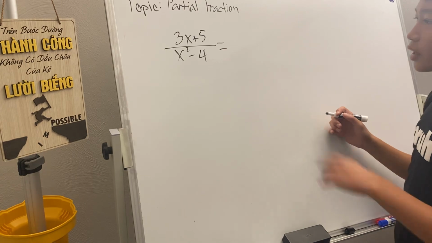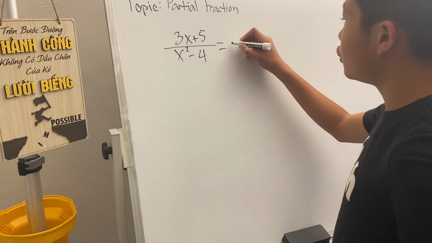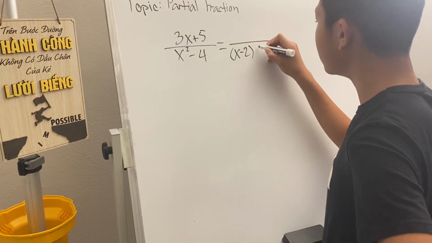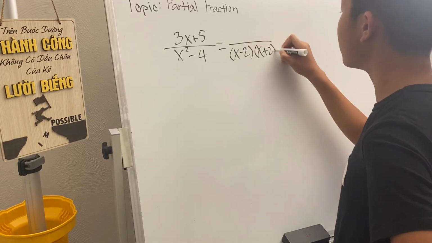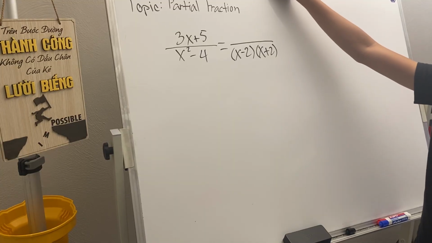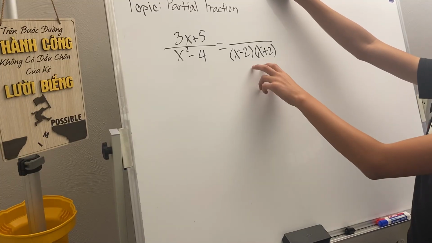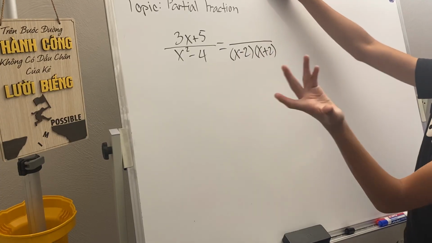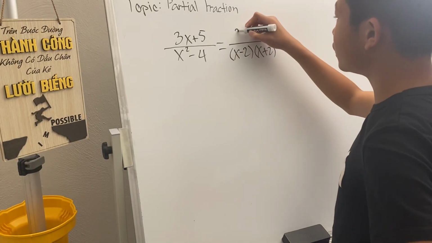Well, this denominator you can write like this: x minus 2 times x plus 2, right? This is a difference of 2 squares. So if you break this, it would be 2 multiplied things, and the top will be the same thing.